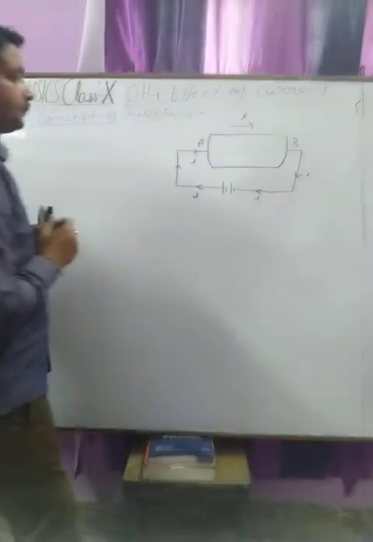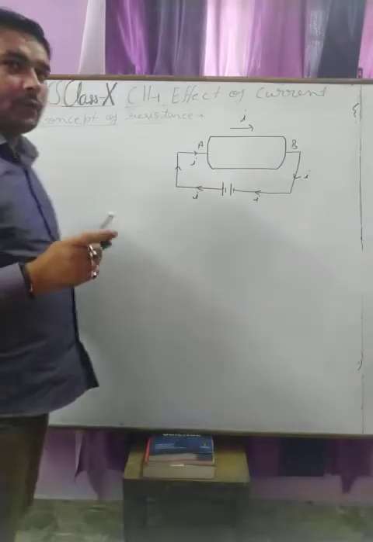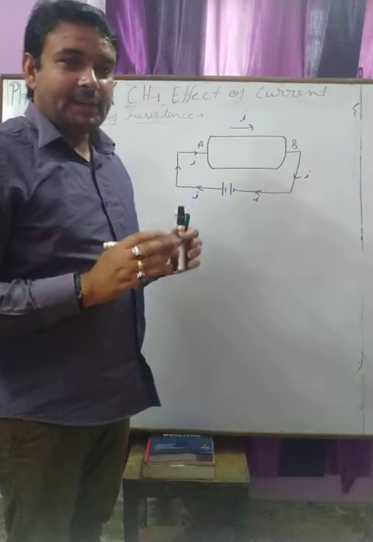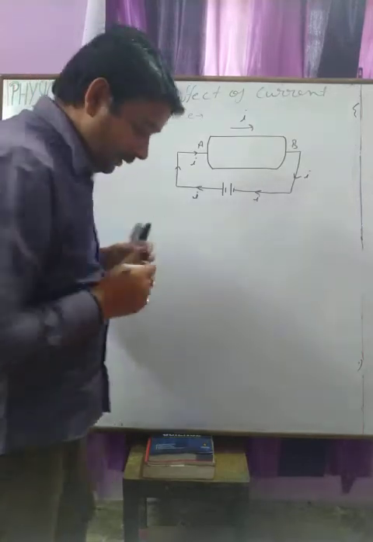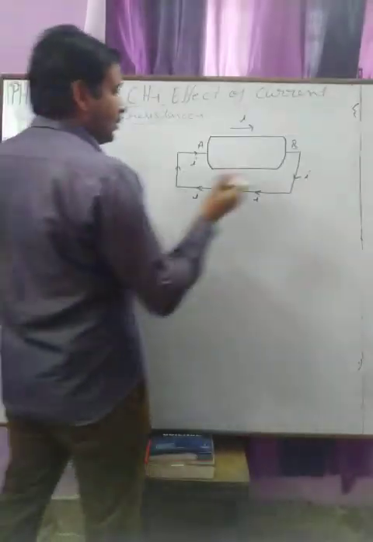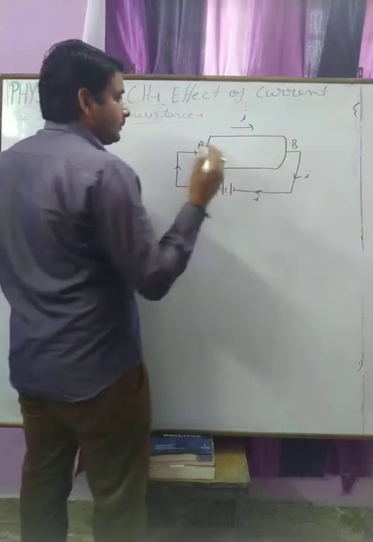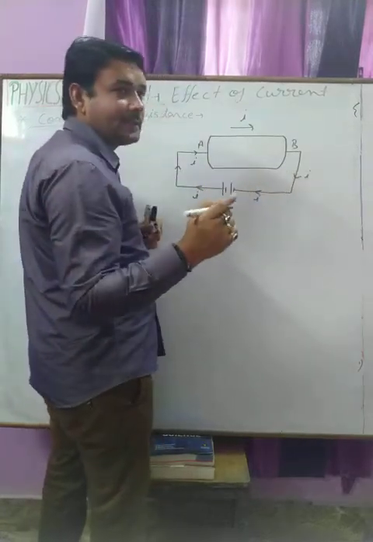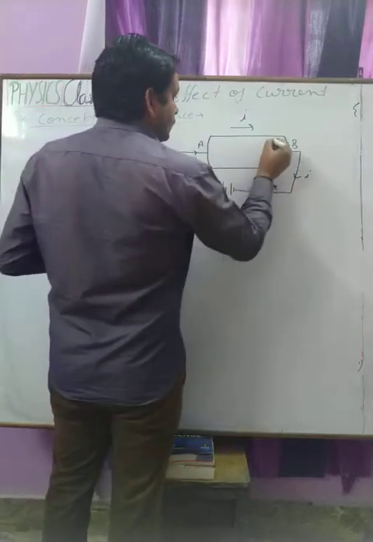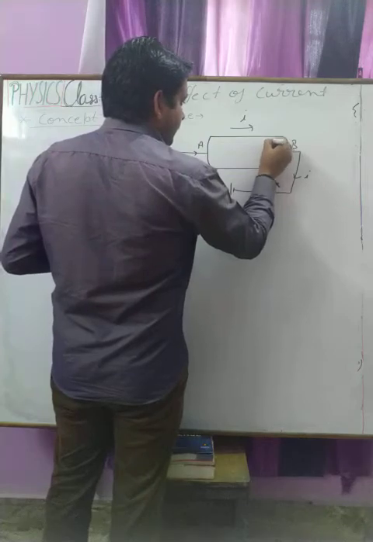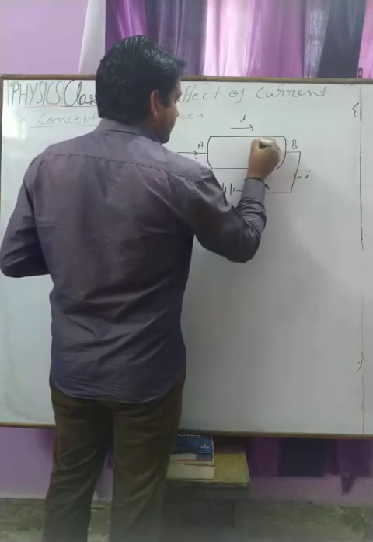Okay student, now we know that a material is formed of many small particles called atoms, and every atom has electrons.